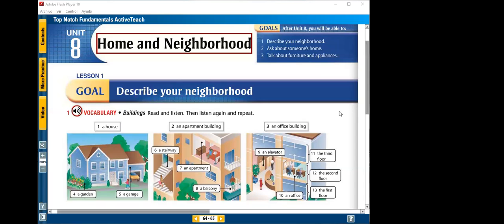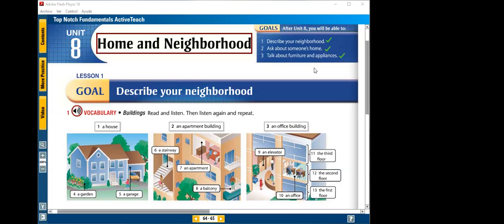Furniture is la mueblería en general: the sofa, a desk, etc. En appliances nos referimos a los dispositivos que tenemos en casa. For example, a lamp, a TV, a refrigerator, a microwave, stove. Those are the appliances, okay?